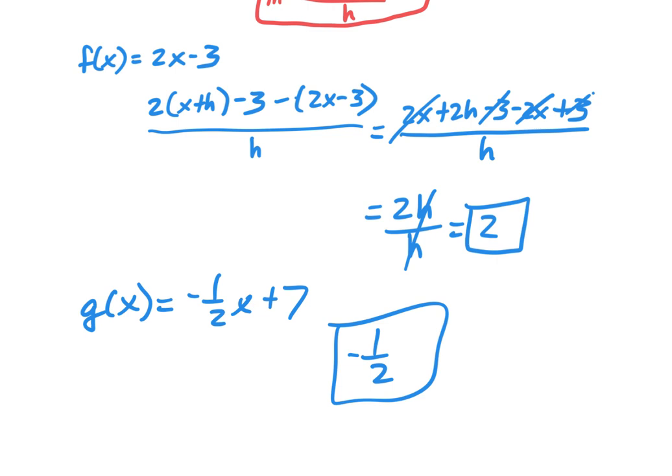But I introduce you to it because this is something that some of you are going to go on in math, right? And you can go back and remember that we've done this before, and this is where it comes from. And if I just said the difference quotient is always the same as the slope, yeah, you would get that, but you wouldn't understand why or how all that works, okay? So on a quiz or test, you don't have to show me all of that work. Just know that they're the same, okay?